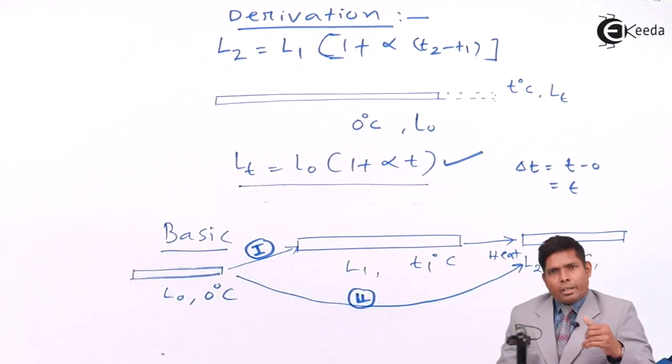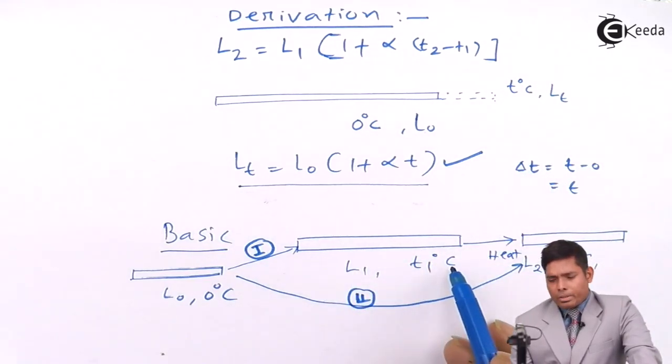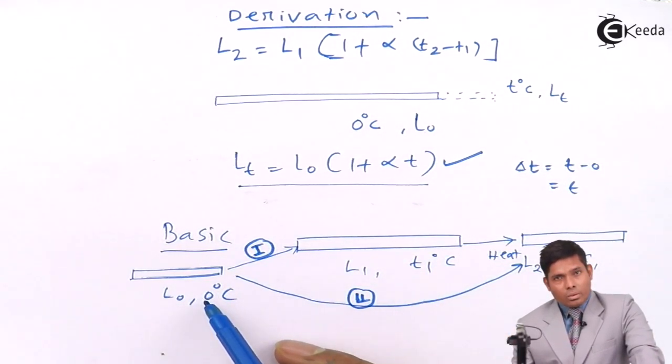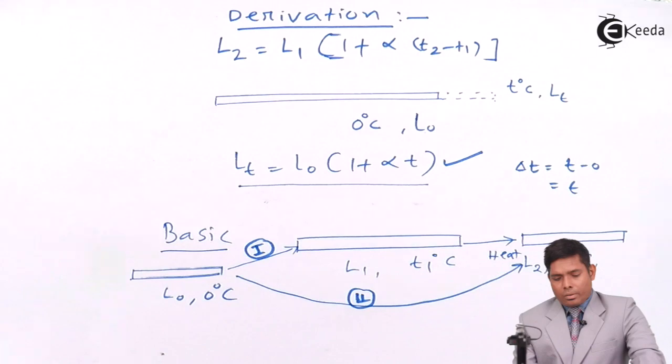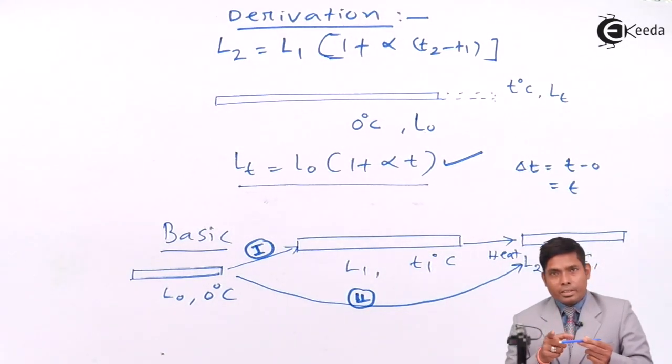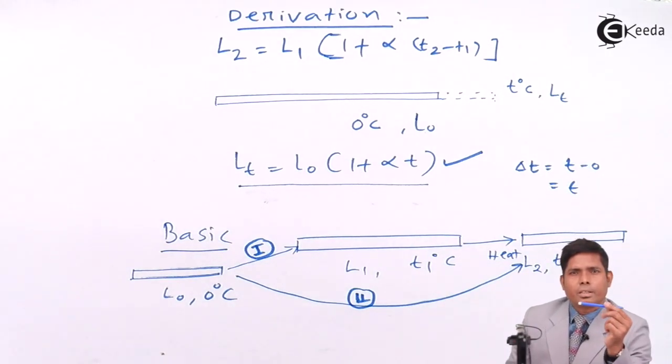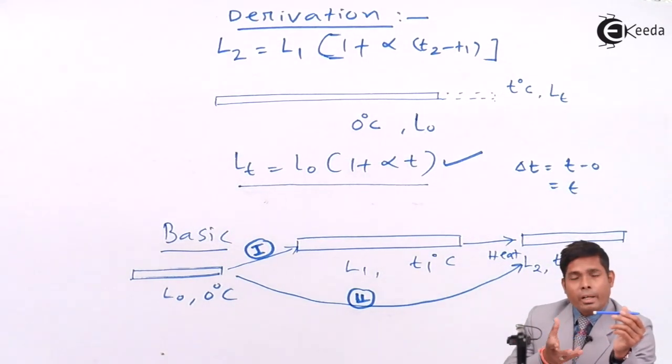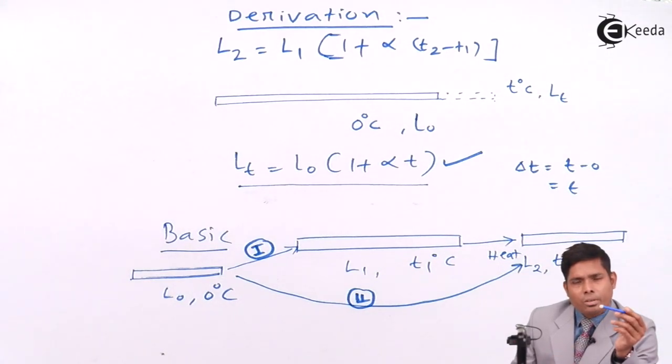That means, had the rod been heated to a temperature of T1 degree centigrade from 0, and had the rod been heated to a temperature T2 degree centigrade from 0, what would we have written?